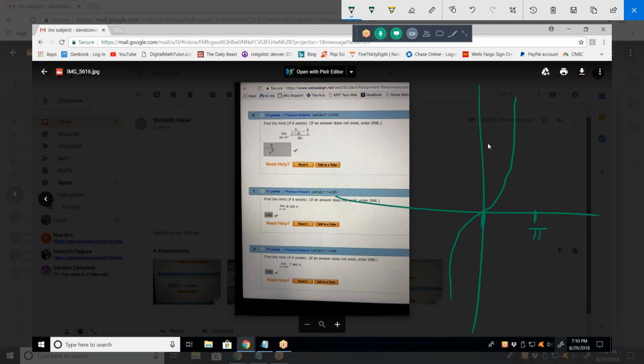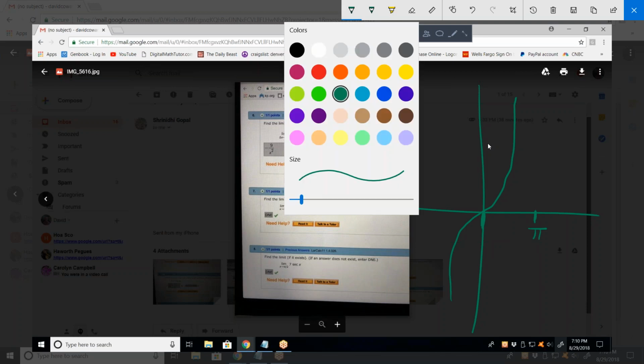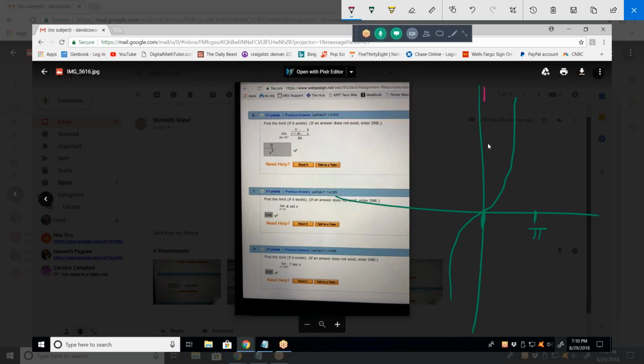Okay, so if I draw the cotangent curve, it looks like this. And that's kind of the way you can tell them apart. In other words, cotangent looks a lot like negative tangent, right?